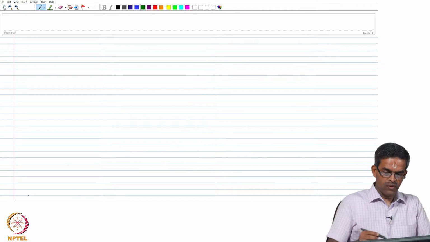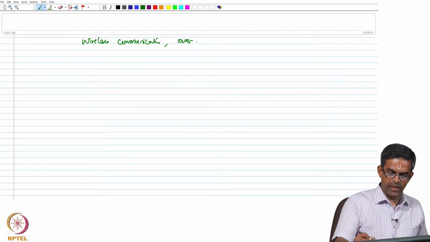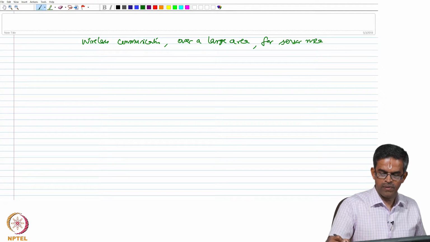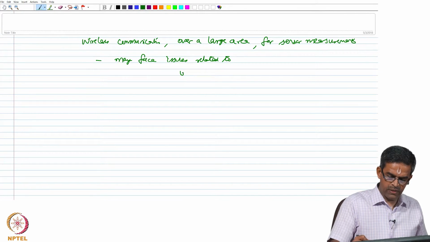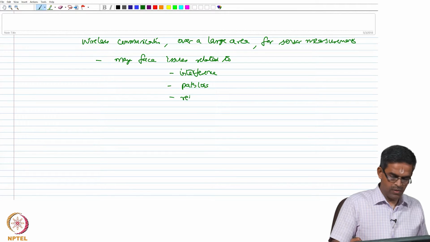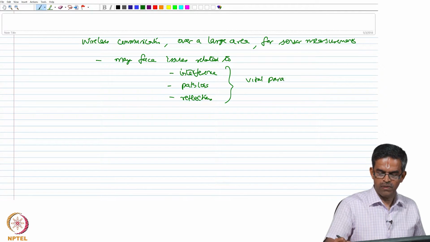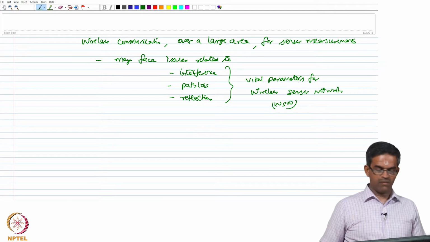It is very important that wireless communications, when spread over a large area, especially for sensor measurements, may face issues related to interference, path loss, reflections, which now become the vital parameters for wireless sensor networking, which we will abbreviate as WSN in the further part of this lecture.